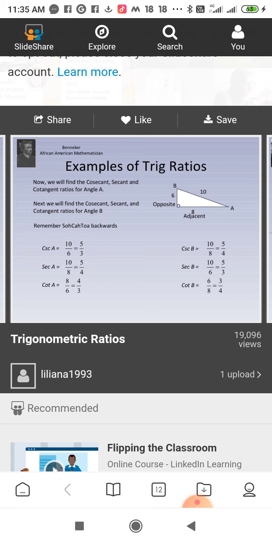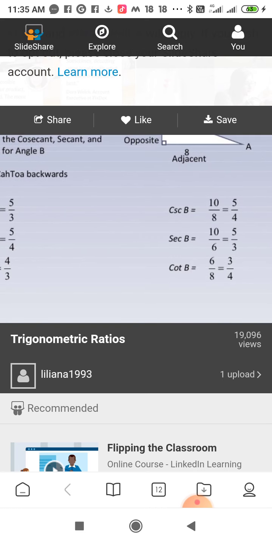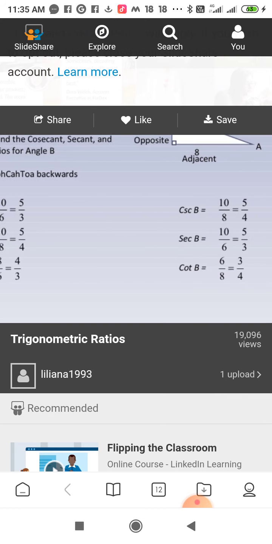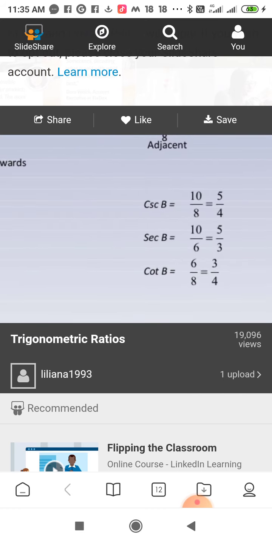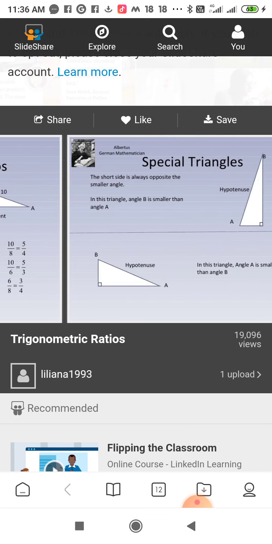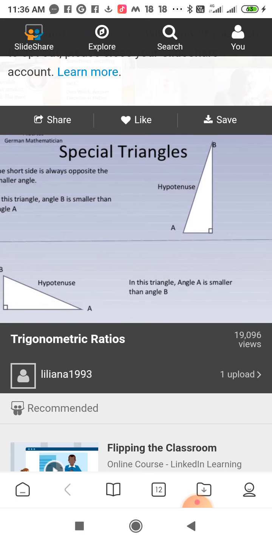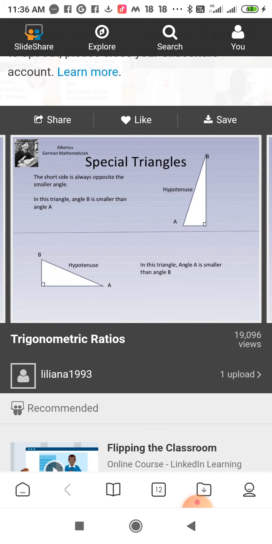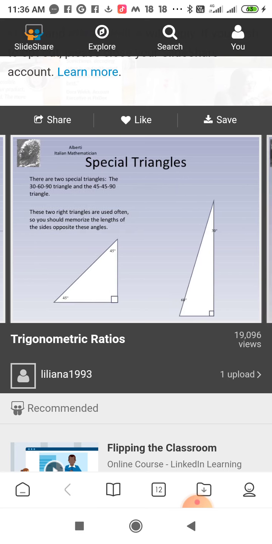The other three trigonometric ratios are the vice versa of these: cosec B, sec B, and cot B. Here the angle is B, so the opposite side and adjacent side are interchanged. In this special triangle, the adjacent side and opposite side interchange if we change the position of the triangle.